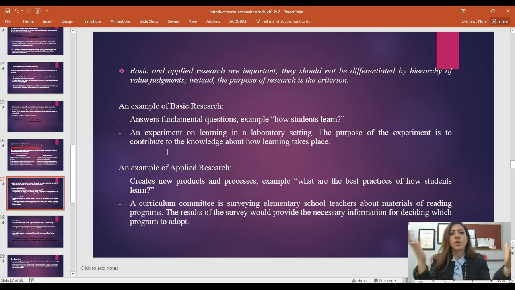How students learn: this philosophical and theoretical question is called basic research, because you do not intend to give me a list of how students actually learn, but you are looking at the situational, positional, and psychological influences that put a student with a specific culture, gender, or any kind of background in a position of learning in a specific way.